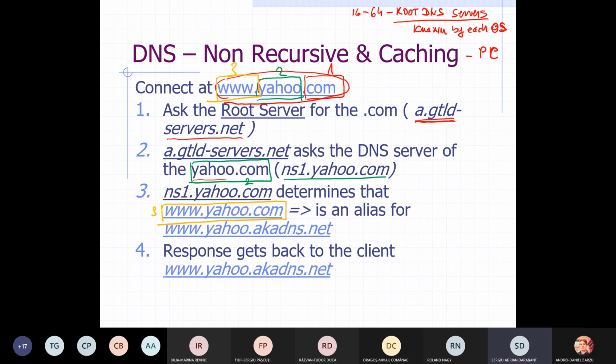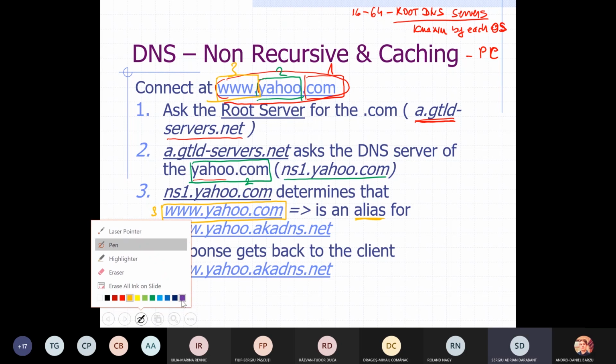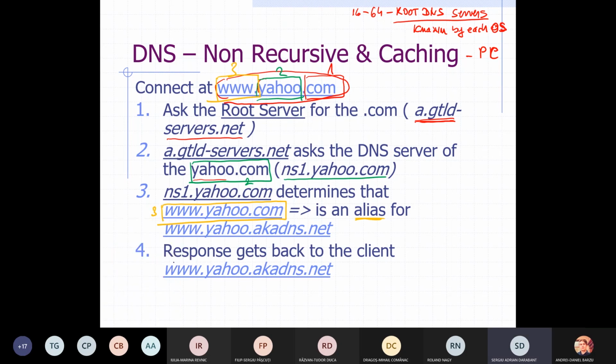And that DNS server tells me that www.yahoo.com is nothing else but a given name for another name. It's an alias, if you want, for www.yahoo.akadns.net. So finally, in the fourth step, my resolver will go and ask for information about this machine, and it will get its IP address.